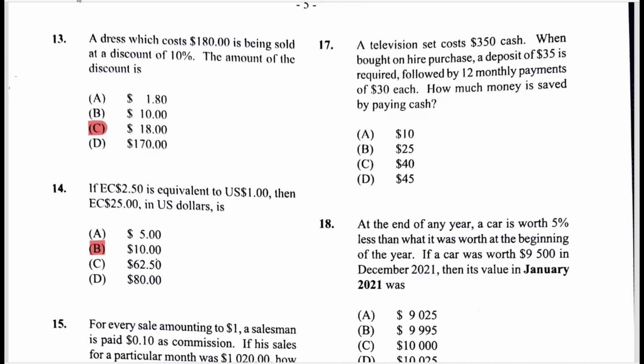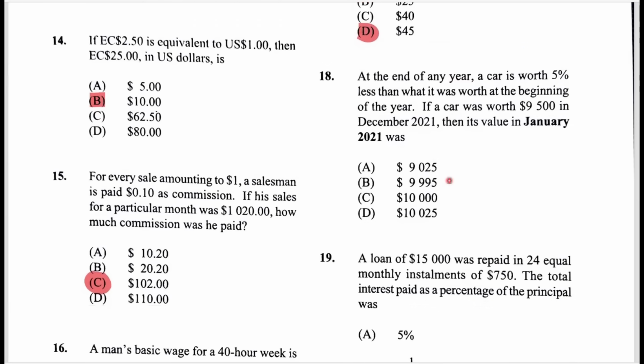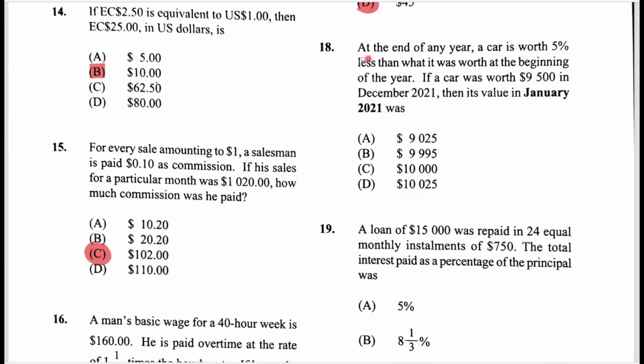So the amount saved will just be 395 minus 350, and you get $45, right? That's D. Easy stuff.